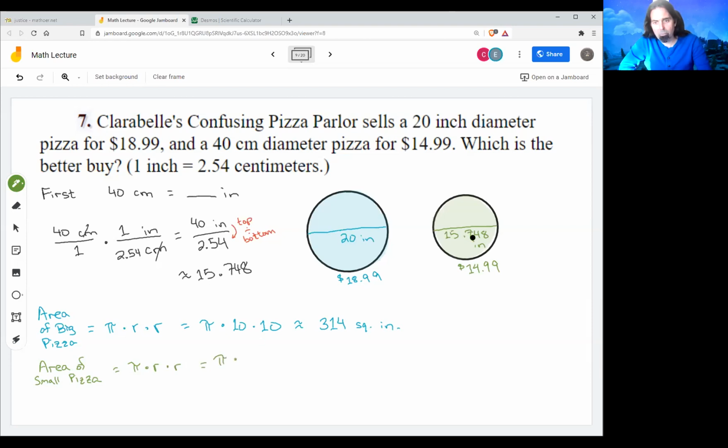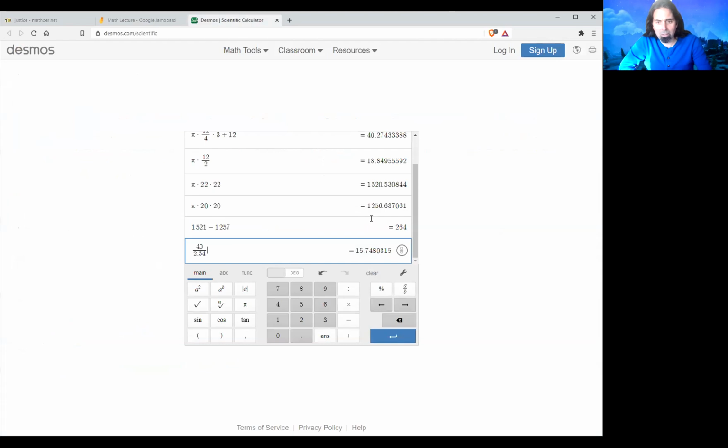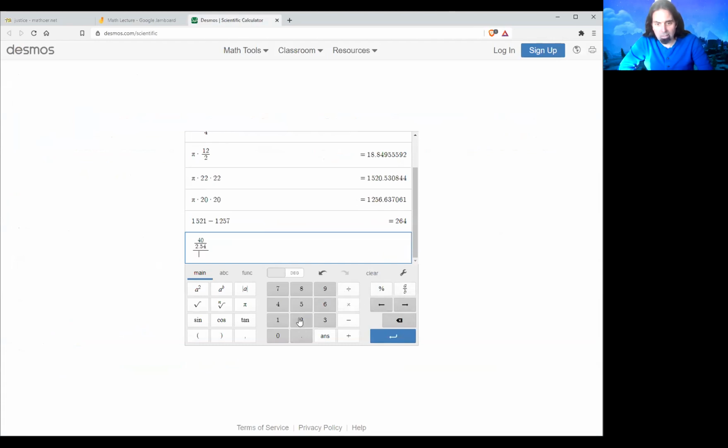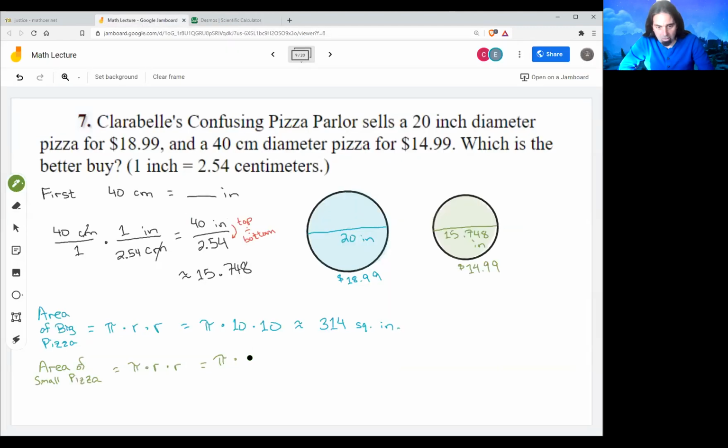Now we need to do half of our 15.748. So about 7.874.